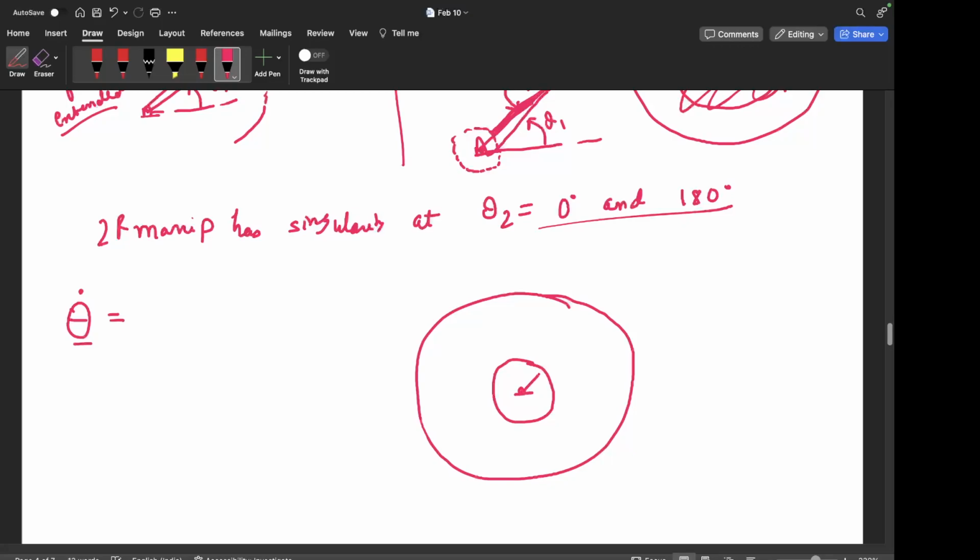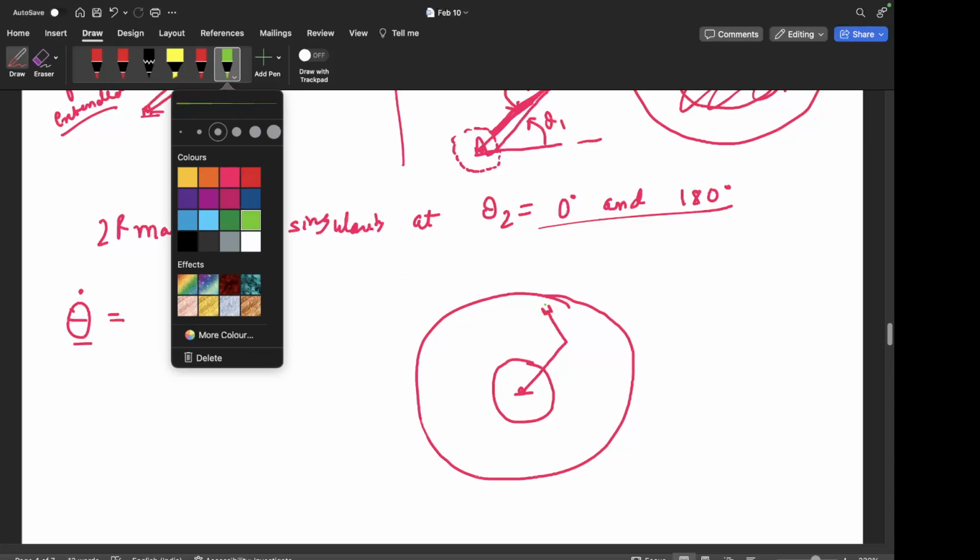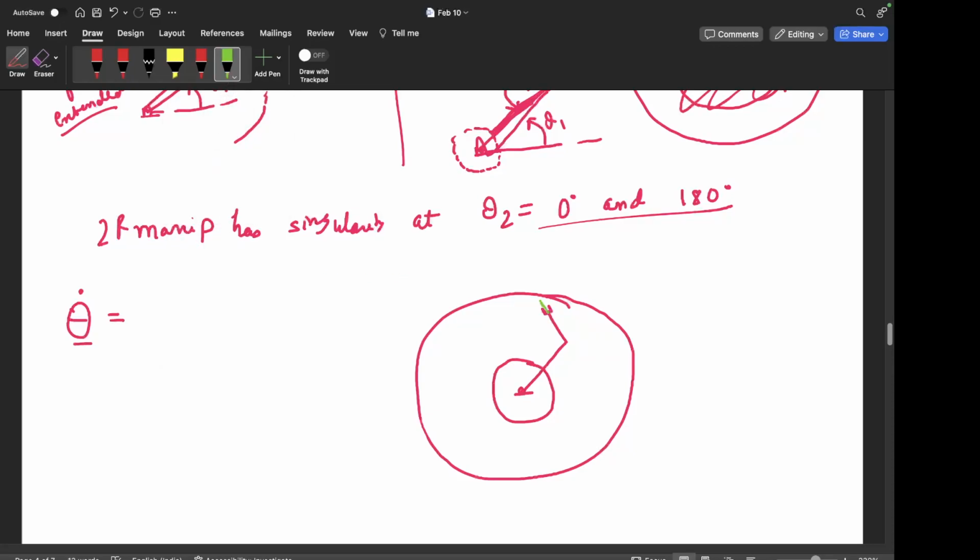and let's say there is one configuration like this in which it is not at the edge. So here in this configuration, if I draw a frame, one along the link and the other perpendicular to the link, then from this configuration I can move in both these directions, right?